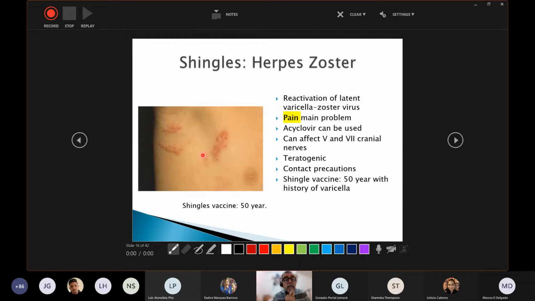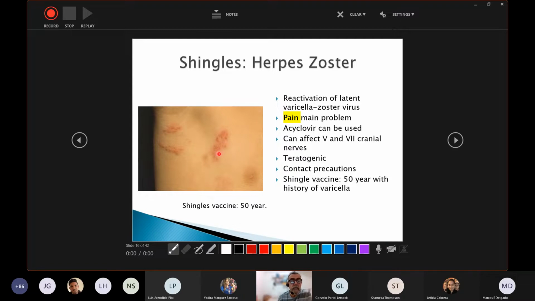mark of the varicella and the herpes zoster, and those clusters appear along the track of a nerve, more frequently an intercostal nerve. This is the nipple of this man, and it is growing from the back to the front and then stops here. Okay, that's it. This is contagious.